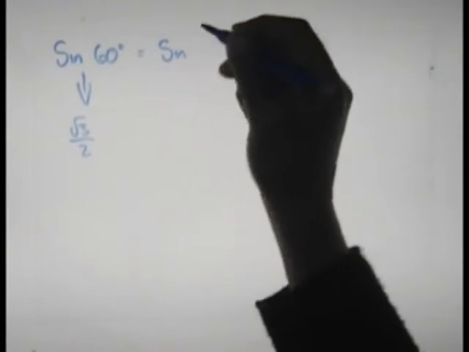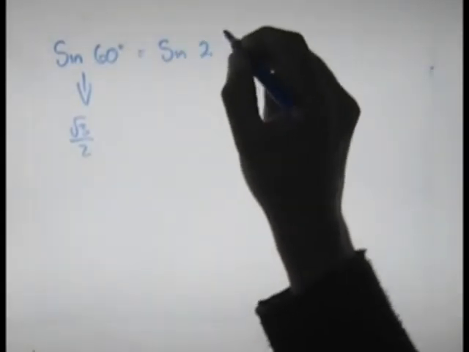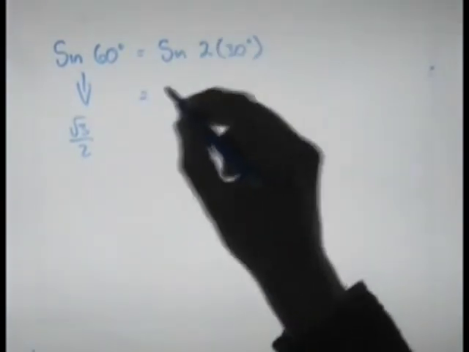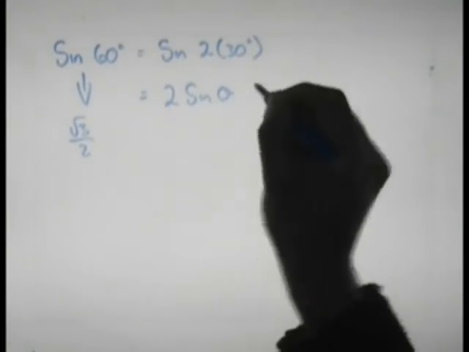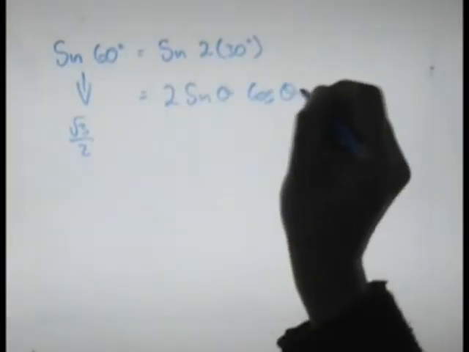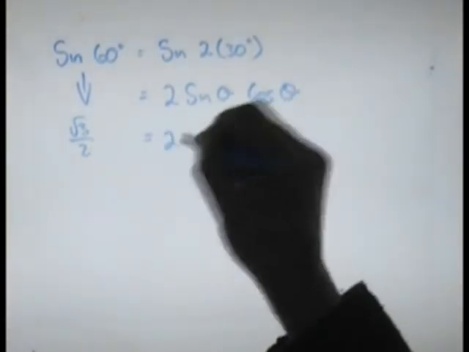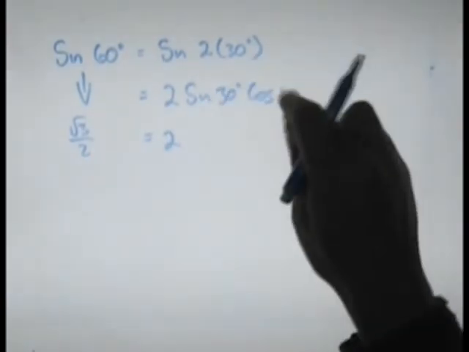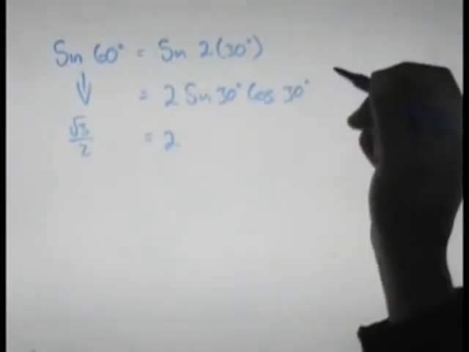Sine of 60 degrees is the same as sine of 2 times 30 degrees. Now sine of 2 theta we know is equal to 2 sine theta cos theta. But it's not theta in this case, it's 30 degrees.